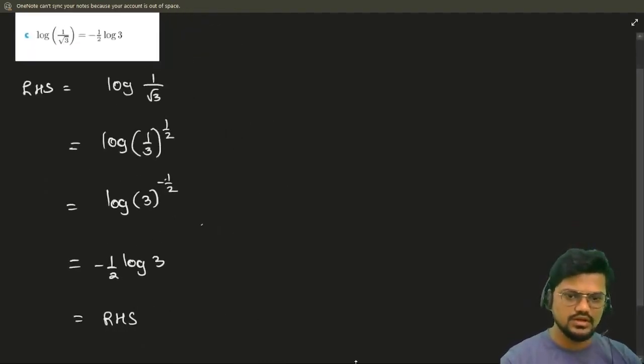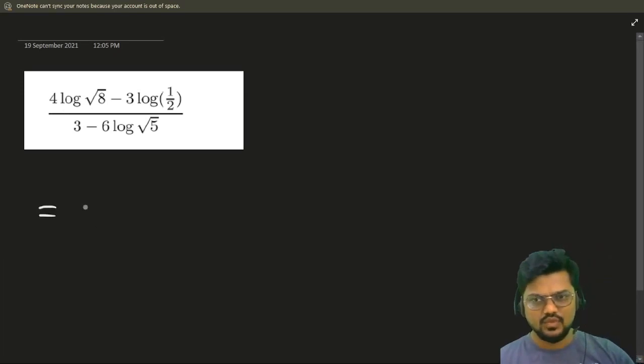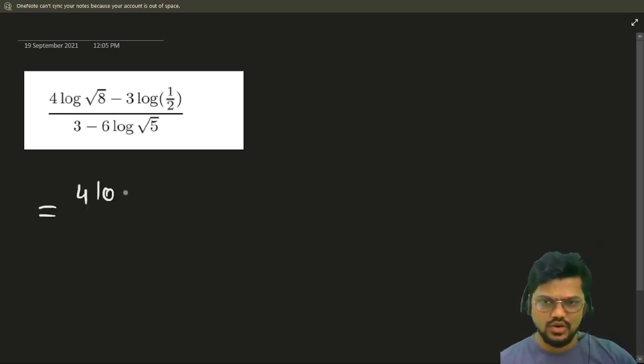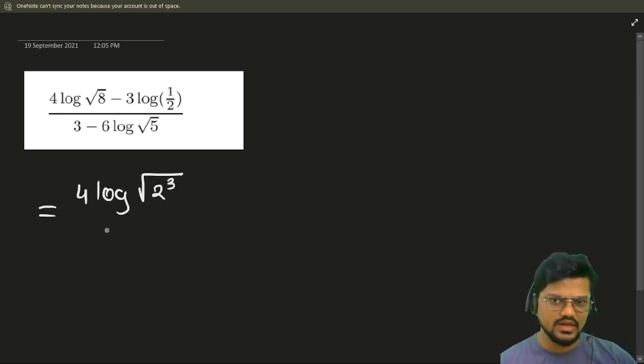I'll take some more similar sums. Now see over here, what is given? 4 log root 8 is given, right? But root 8 can be written as root of 2 to the power 3. After that, minus 3 log half.